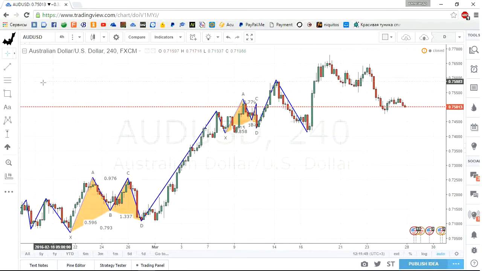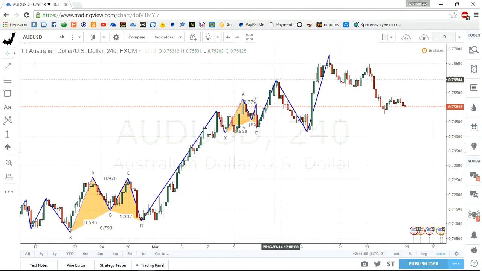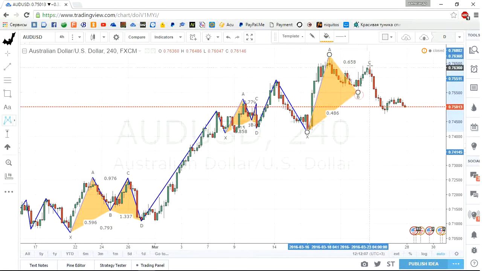But what we have right now is this kind of movement. Now we have a close beyond the previous impulse border, and it is looking M type, so it is a very good opportunity to enter long.